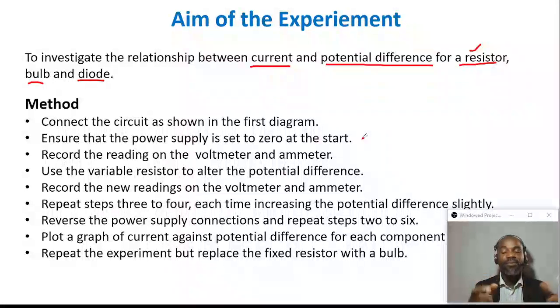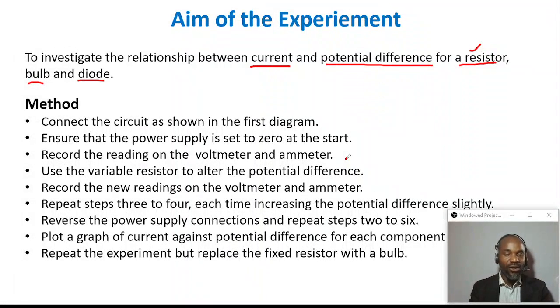Before we start, we must ensure that the power supply, be it a battery or a cell, is set to 0 at the start. Then the next step is to record the reading of the voltmeter and the ammeter respectively. Of course, having set the power supply to 0, we must take the readings on the voltmeter and the ammeter respectively.